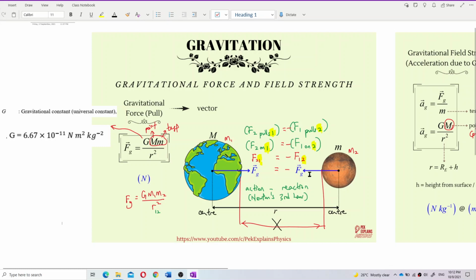So gravitational force must exist in a pair, with two forces in one pair. It cannot be just a single force.